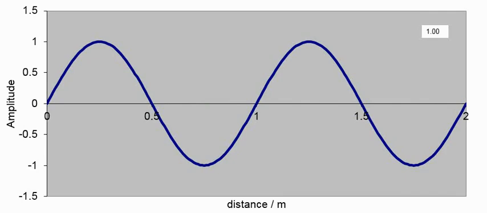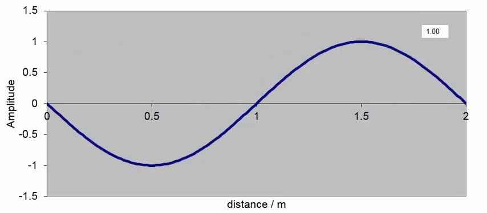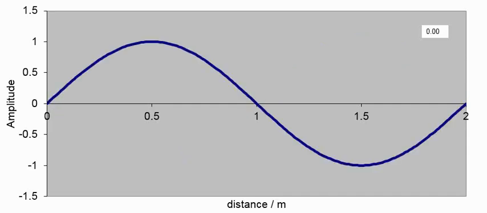Let's change the wavelength of the wave. And in this case, we see that the wavelength of the wave is a full 2 meters. I wonder how long it'll take this wave to go through 1 full cycle. And begin.